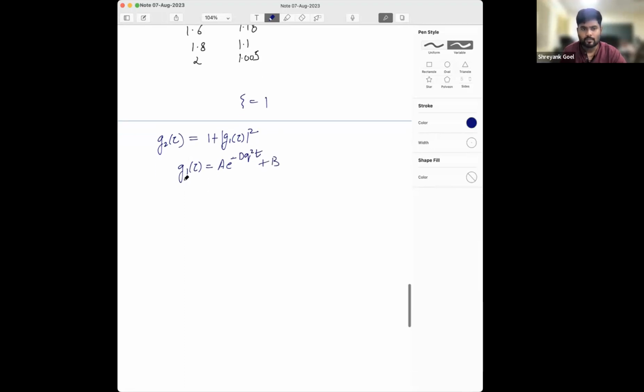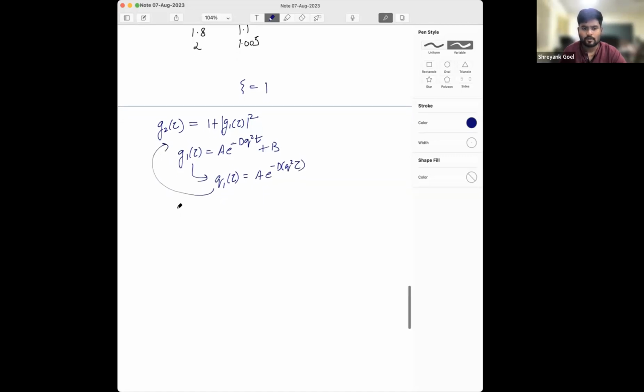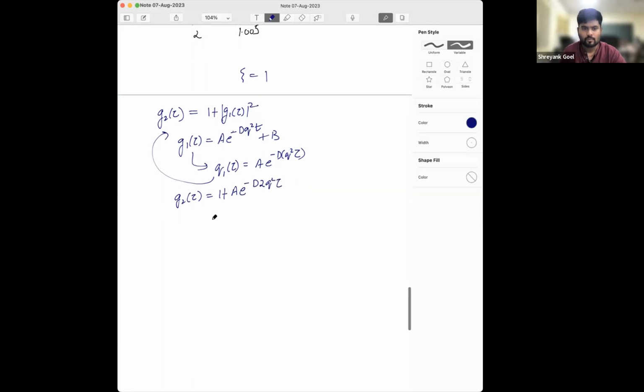But it's up to us, we can assume this form in this way also. So G1 can be assumed as a e to the power minus D q squared tau. And if you substitute this here, then G2 comes out to be 1 plus a e to the power minus 2 D q squared tau.